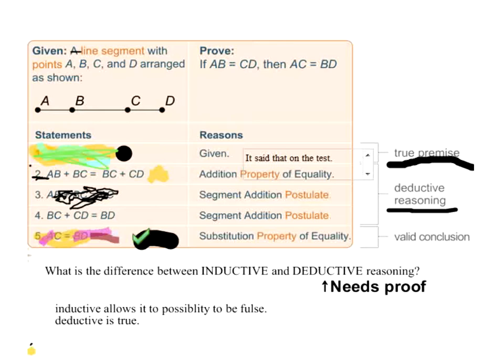Okay, deductive uses already proven things to reach the end, and inductive uses your own observation and experience to make a guess. Very nice, Dakota. Inductive reasoning is your observations and experiences.